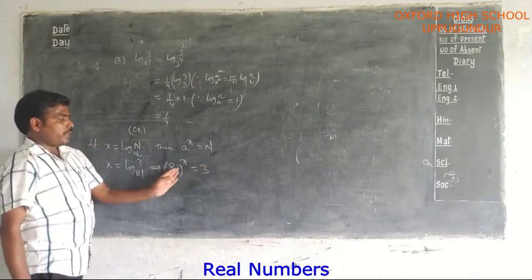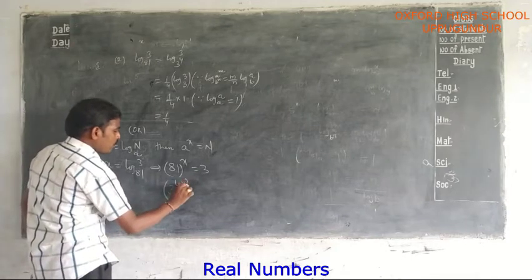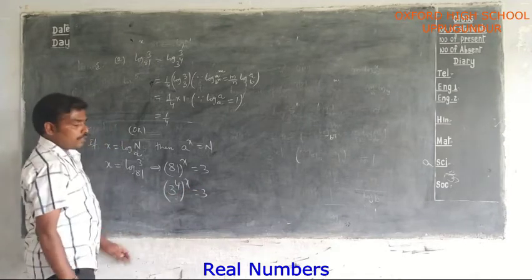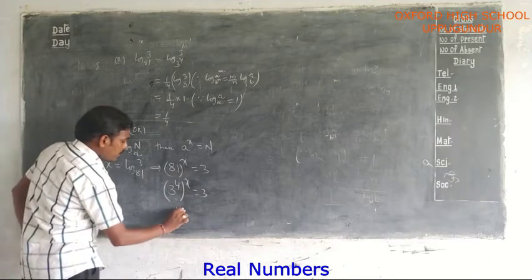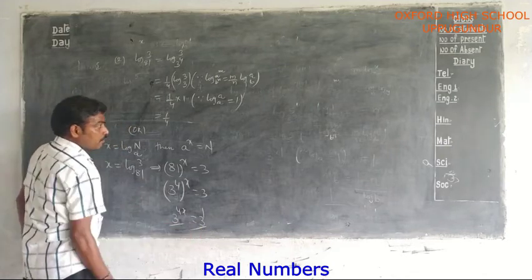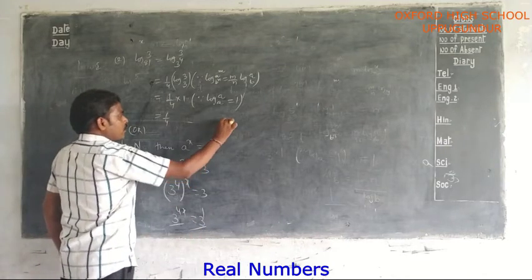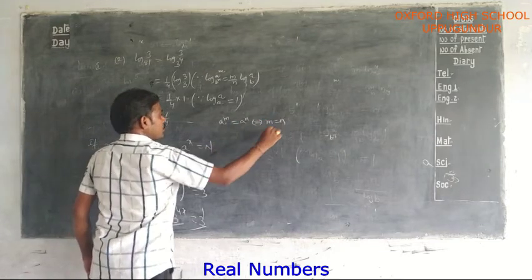So 81 you can write in 3 powers as 3 power 4. 3 power 4 whole power x equals 3. What is a power m whole power n? A power mn. Now 3 power 4x equals 3 power, there is no power, means power is 1. Now bases are equal. If a power m equals a power n, then you have to equate the powers.